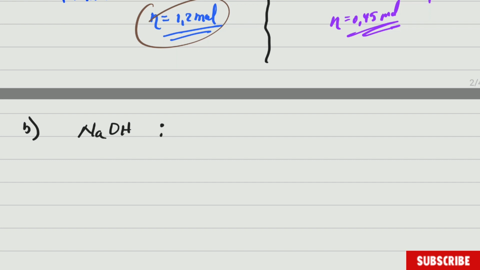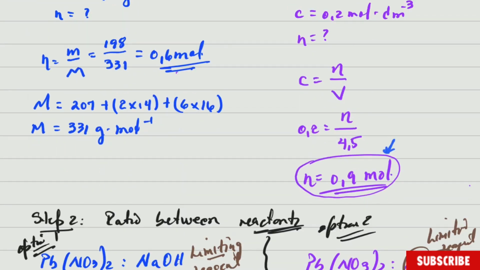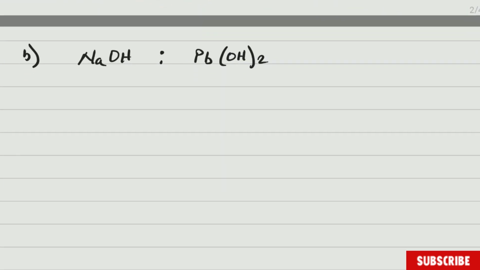The ratio of sodium hydroxide to lead 2 hydroxide, Pb(OH)2, in the equation is 2:1.